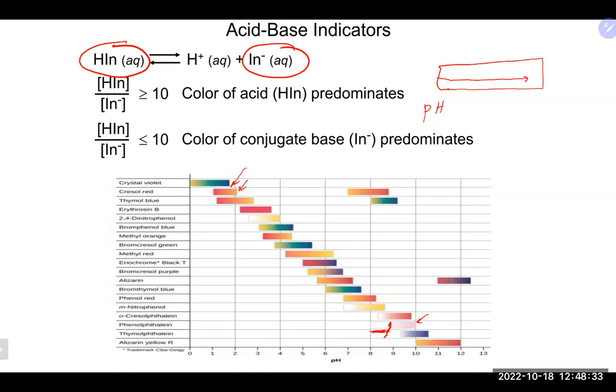So you want to definitely choose one depending on the type of titration you're doing, where you expect the equivalence point to be. You could actually do a theoretical calculation to figure out what your equivalence point pH should be. And you could have a choice of indicators, really narrow in and dial in on one that would be really good for you to use.